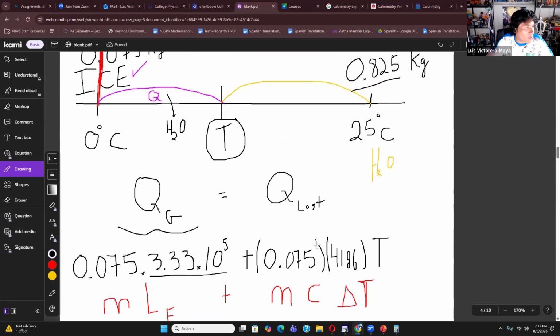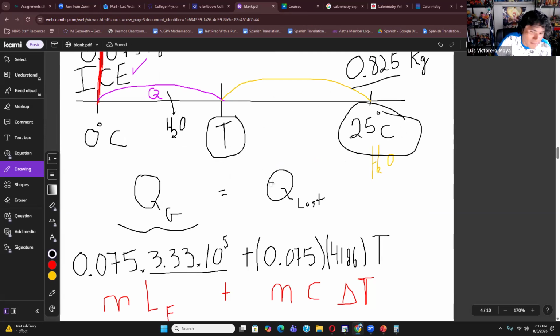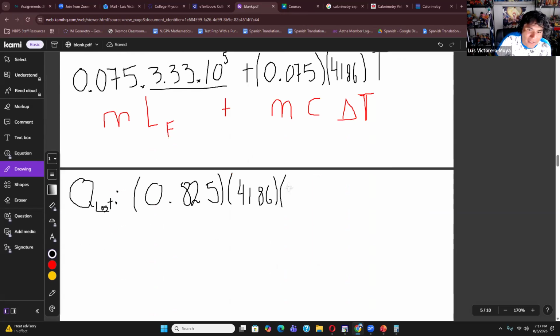Okay, this is what you have to be careful about, guys. What is the change in temperature for water? It's not T minus 25. It's 25 minus T. Because you're going from higher to lower. Okay? There you have it.